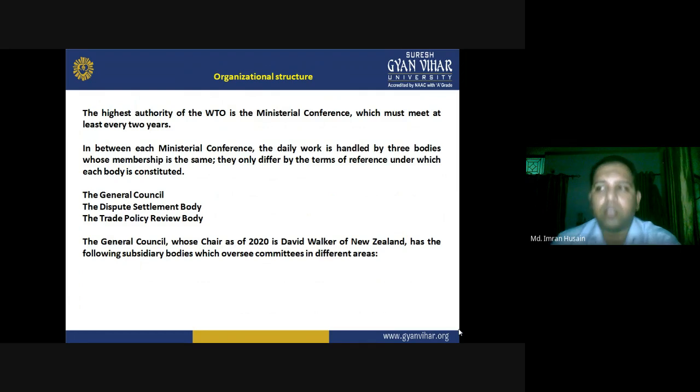Organizational structure. The highest authority of the WTO is the Ministerial Conference, which must meet at least every 2 years. In between each ministerial conference, the daily work is handled by three bodies whose membership is the same.